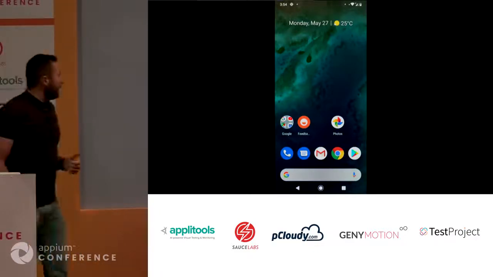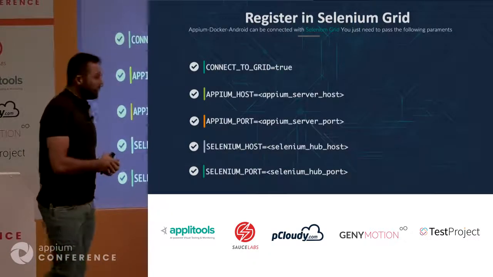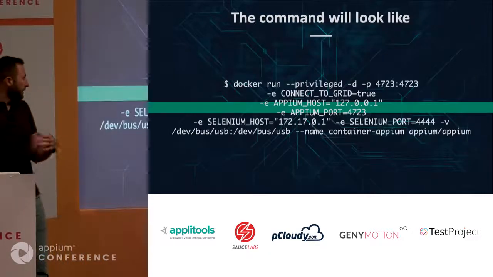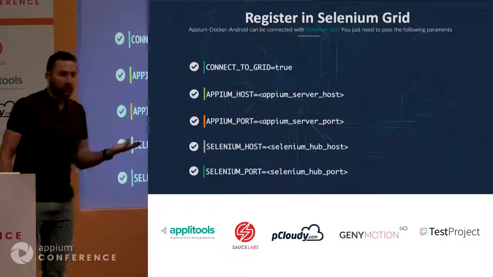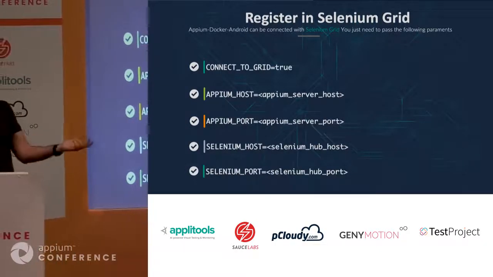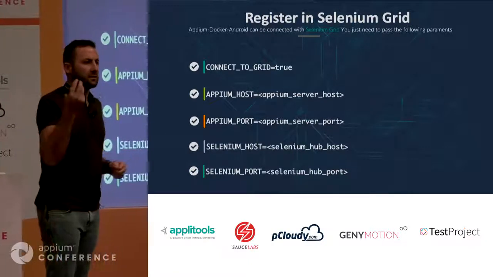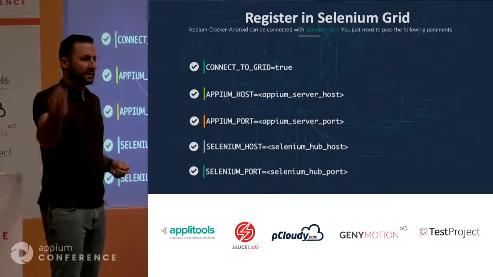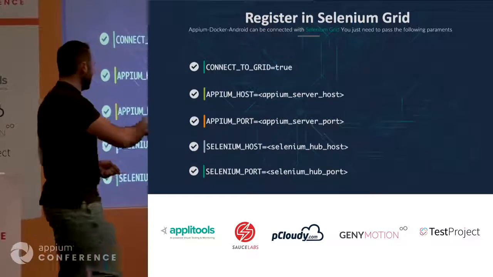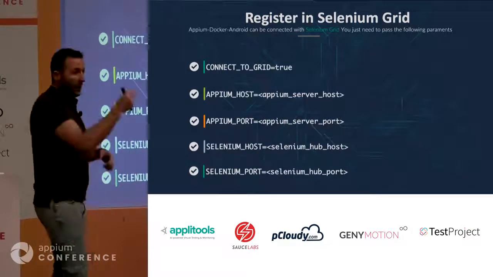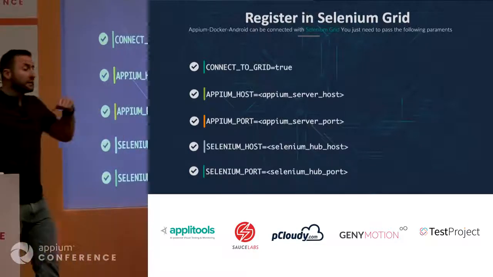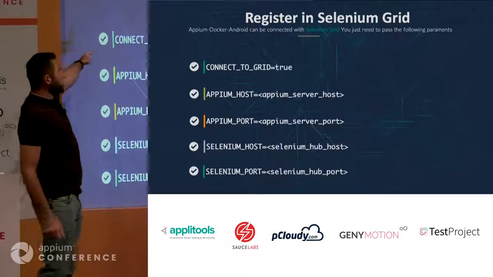Yeah? Good. So I believe that all of you know about the Selenium hub grid. When you want to connect this Appium server, which is running inside the Docker, to the specific Selenium host, while you are running the Docker run command, you just need to connect to the grid.